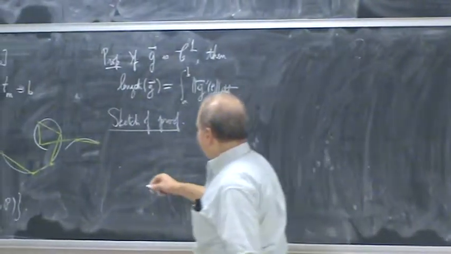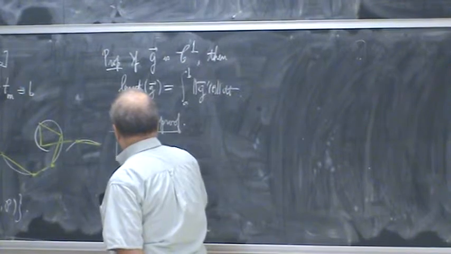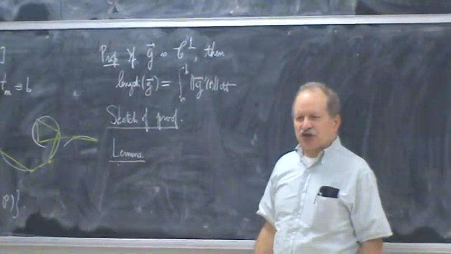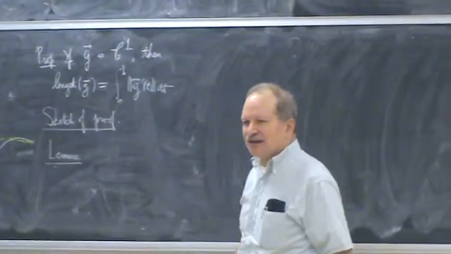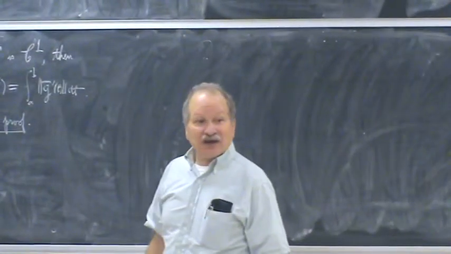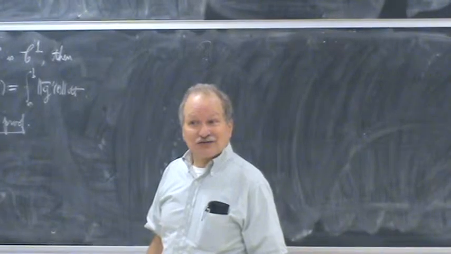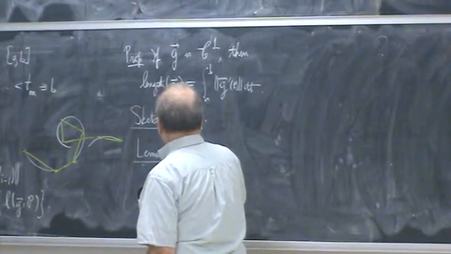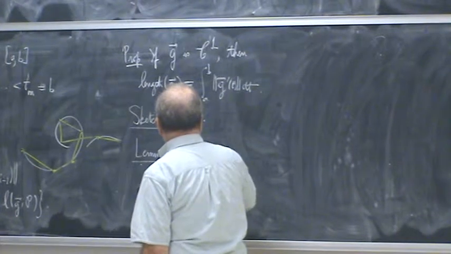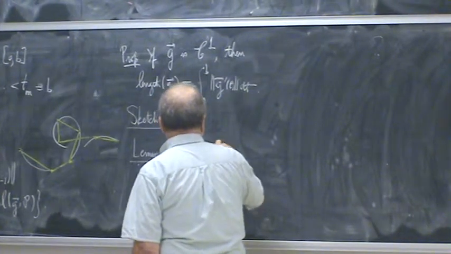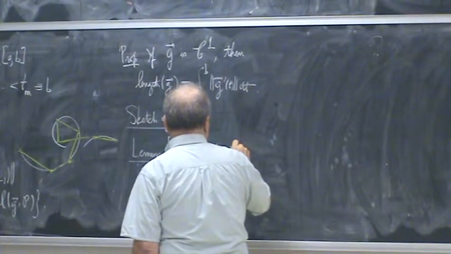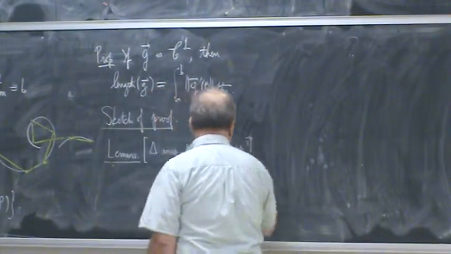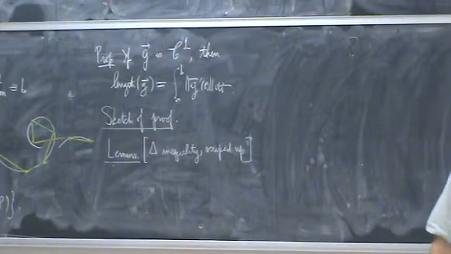We need a lemma, which we're going to use a lot next semester. It's a souped up version, no pun intended, of the triangle inequality. Triangle inequality, I'll write souped up with the usual spelling.